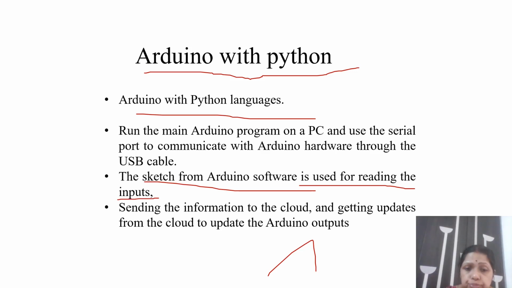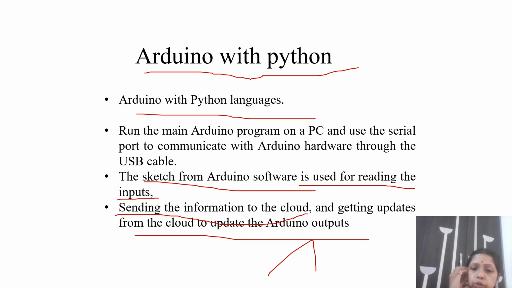After reading the input, you have to transfer this information to the cloud or any other Google hub or driver. In future we can analyze those values in the cloud, and the cloud can again retrieve those data for the Arduino output.